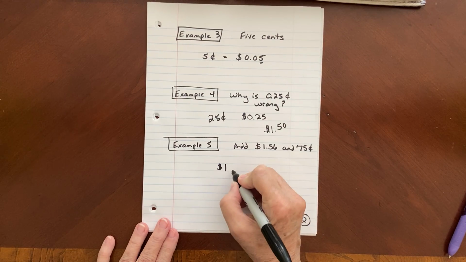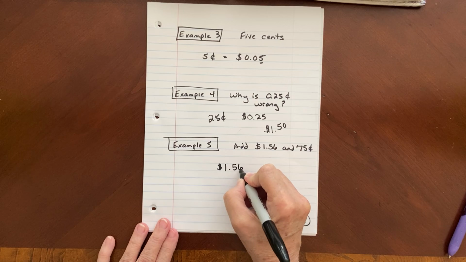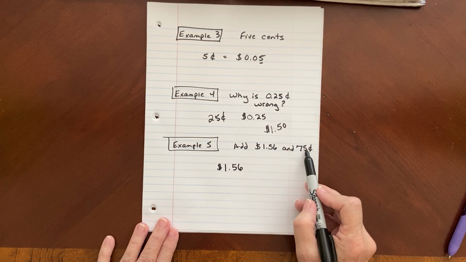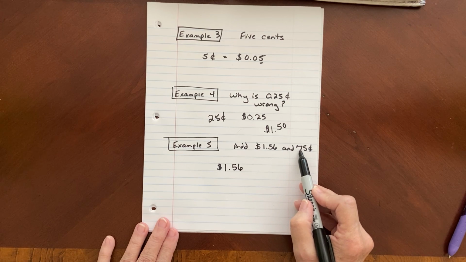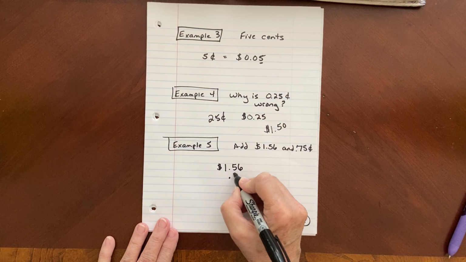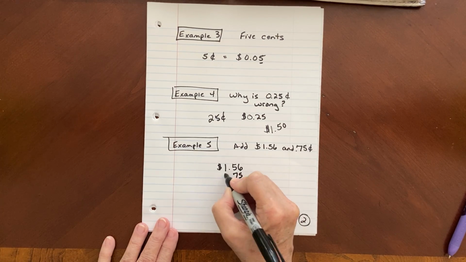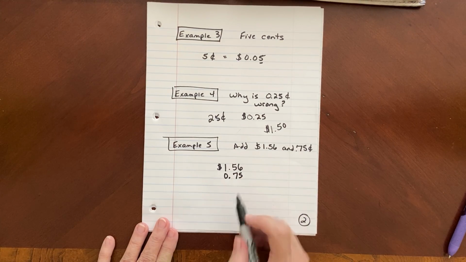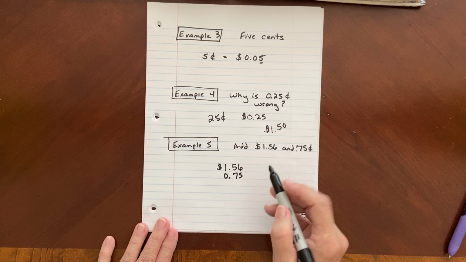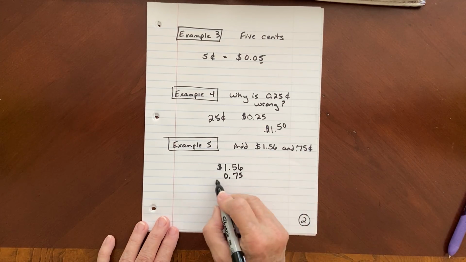So let's do my $1.56. And then how do I do that? That's my hundredths place. That's my tenths place. So there's my decimal. So 75 hundredths, 75 cents, same thing.